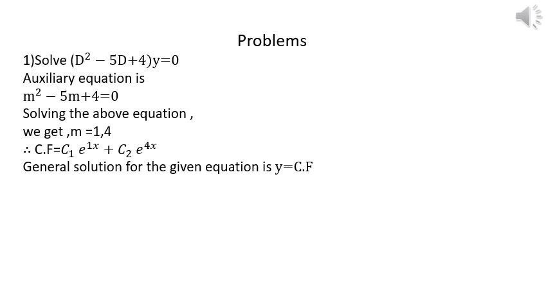Then seeing the first two terms, take the common factor out. So here the common factor is d. Then comparing with the first two terms, inside the bracket you can write two terms, they are d and minus 4.